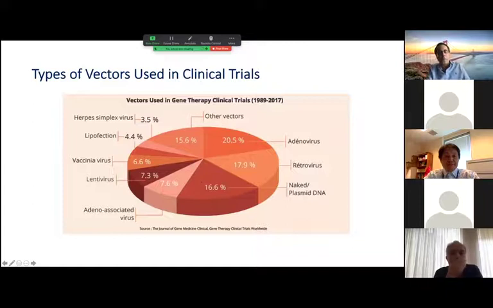Over the years, if you look at the number of vectors that have been used, or the percentage of vectors that are used in the current clinical trials, you can see that AAV represents just under 8% or so. But that percentage is growing over the years as AAV has become more popular, especially for direct in vivo delivery into humans.